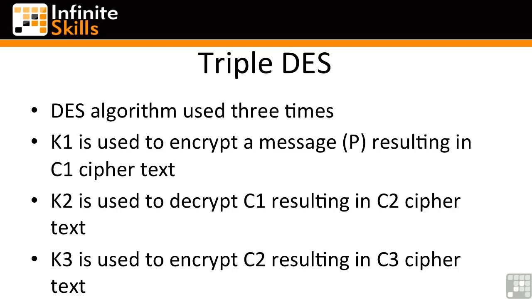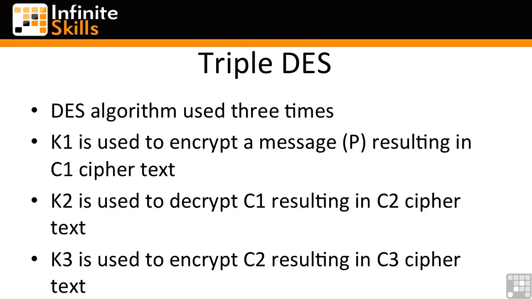So with C1, the output of the first round of encryption, we're going to apply a second key, and we'll call that K2. With that second key, we are going to go through a decryption process on C1. Since it's the wrong key, we're not going to get plain text out the other end.